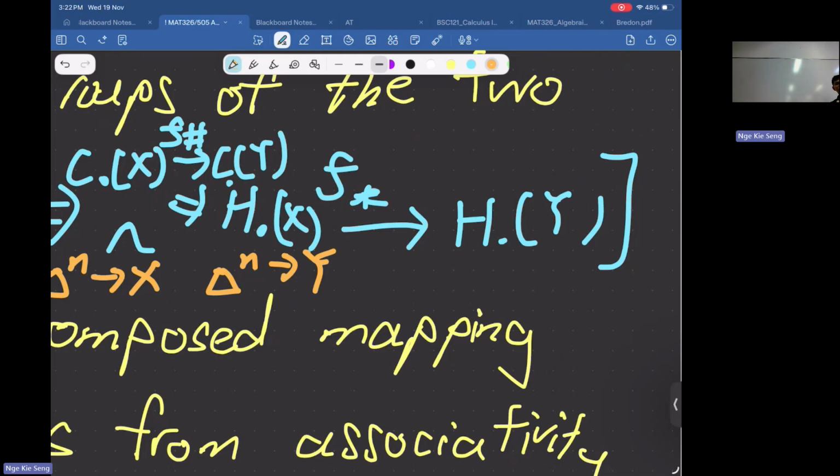So the kernel at your n level of X should go to the n level of Y, also as a kernel. And then the image, the boundary from the X part, also needs to go to either the kernel or the boundary of the next part. Okay, so that is well defined.